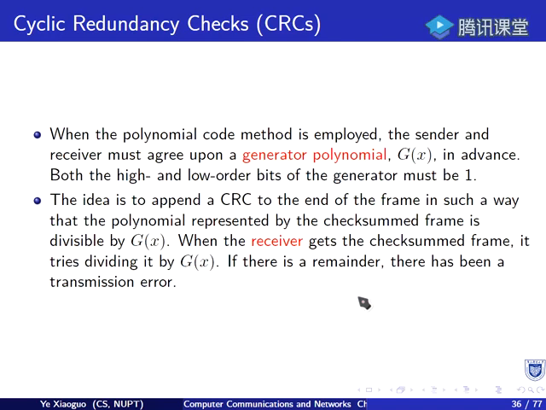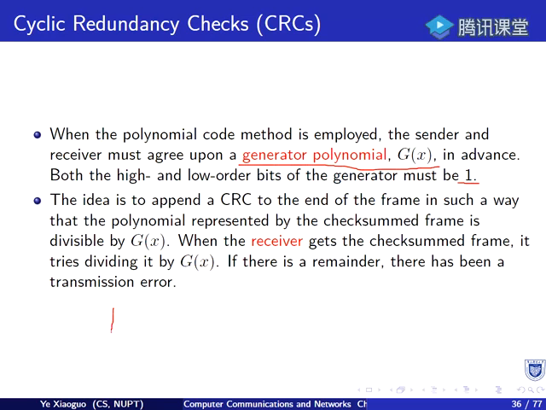When the polynomial code method is employed, the sender and the receiver must agree upon a generator polynomial G(x) in advance. Both high and low order bits of the generator must be 1.